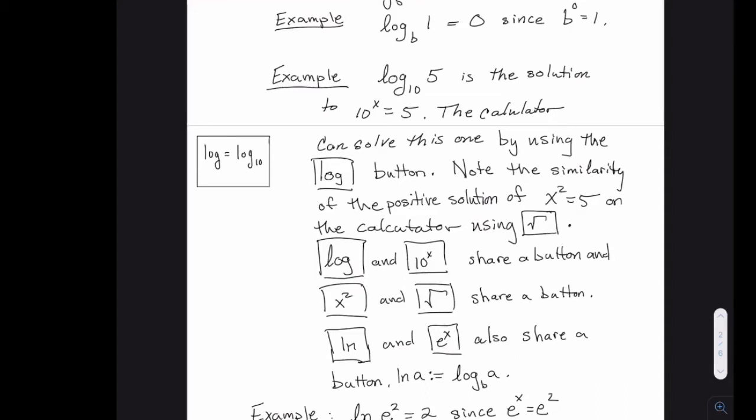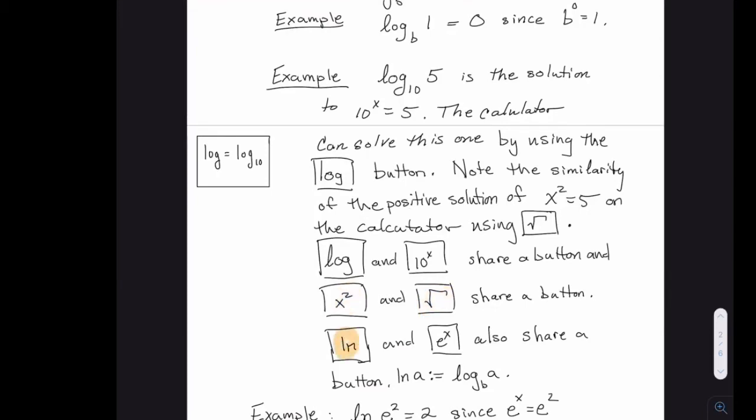Log base 10 of 5 is the solution to this equation. Square root of 5 is the solution to this equation, and we operate similarly with the calculator. Note that log and 10 to the x share a button, very likely anyway on your calculator, just like x squared and square root of x share a button.